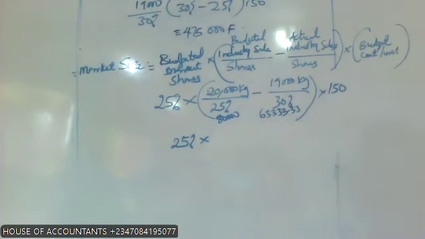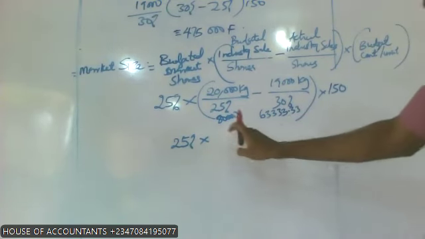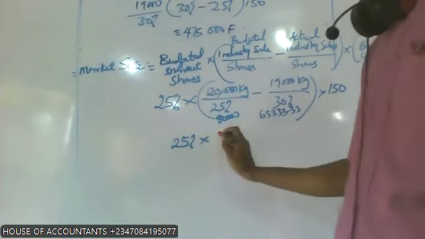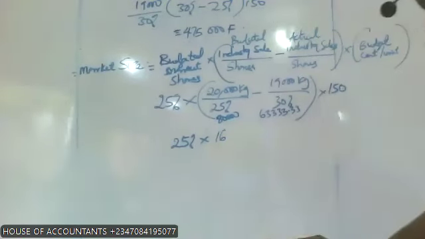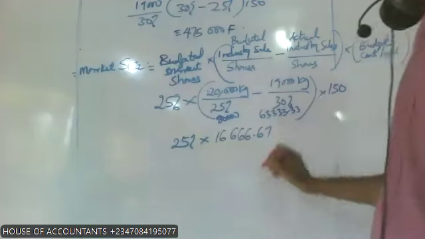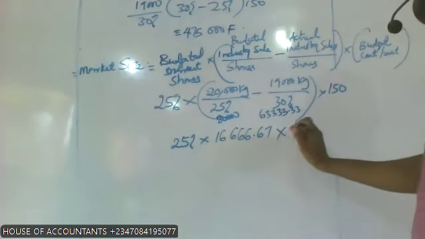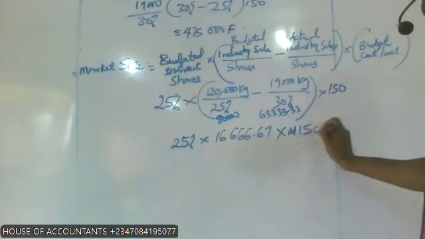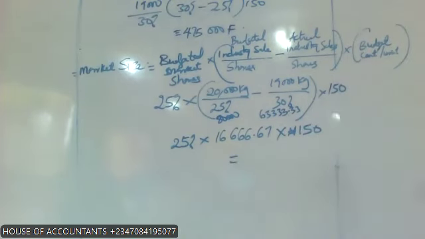Are we right? So now, if you minus them, you have 16,666.67. Then multiply by 150, the contribution. So now what is the total?